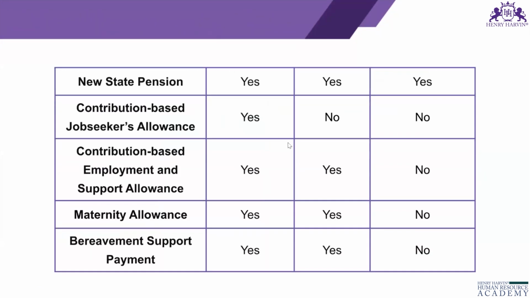New state pension: as I said, the pension age also changes, so maybe a new rate is applied. If there are any changes, there is a new state pension also applicable, like in India also. Earlier, we used to get pension contribution in the PF. Some employees have that, but new employees don't get that option.